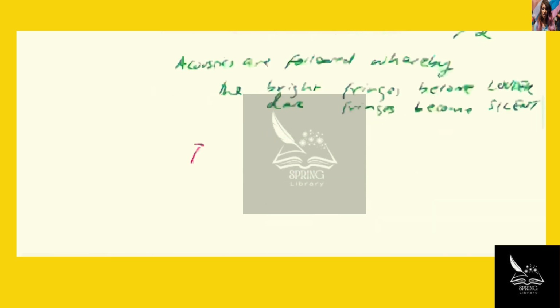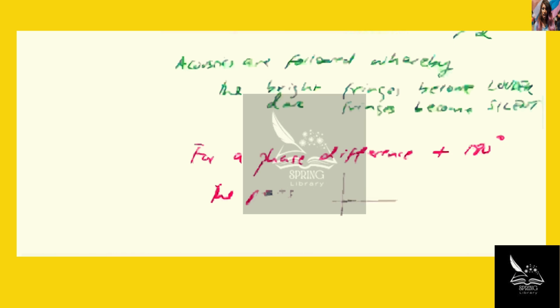And then we're also going to add on and say for a phase difference of 180 degrees, the peaks. When we talk about the peaks, this is a sine wave, and these are the peaks of the sine waves. So the peaks become valleys.